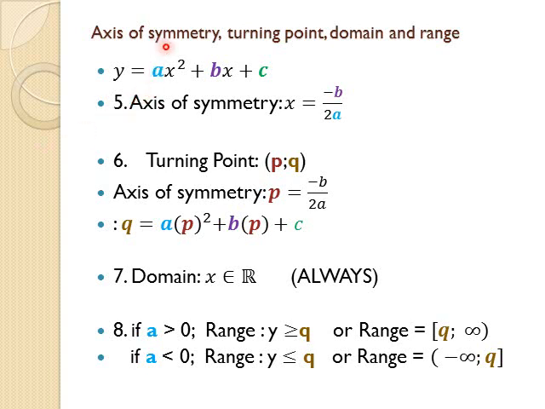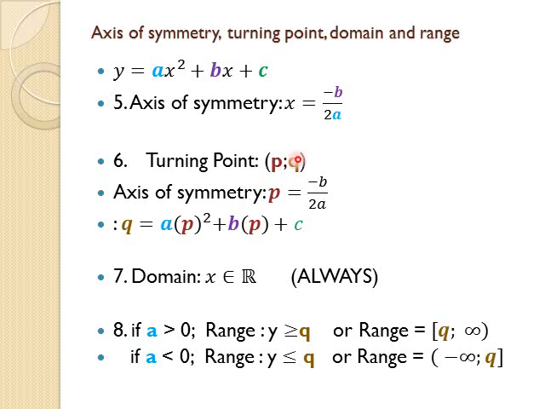So for axis of symmetry, turning point, domain, and range, right? If we have that general equation, to get the axis of symmetry, x = -b/2a. That's the formula I'll be using in the next lessons, minus b over 2a. To get the turning point, p and q, right?